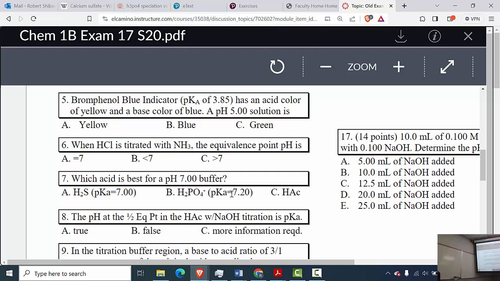So B is the correct answer, less than 7, because the salt is ammonium chloride and ammonium is an acid. You could find it on the chart.